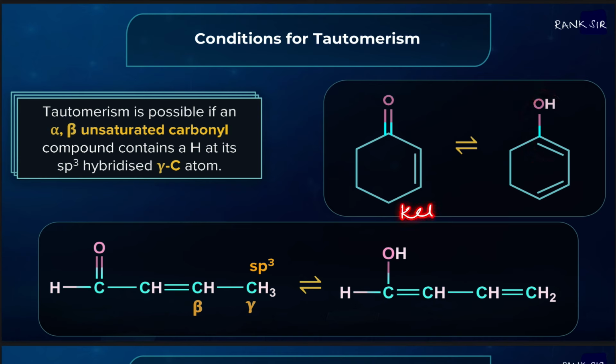Here this is keto, this is called enol. It has an extended conjugation, like this double bond, like this resonance it can undergo. That's why it is called extended conjugation, so this is somewhat stable.